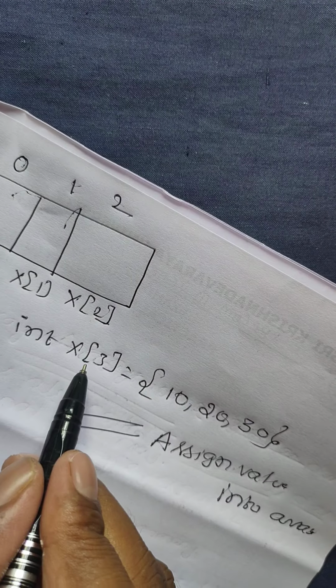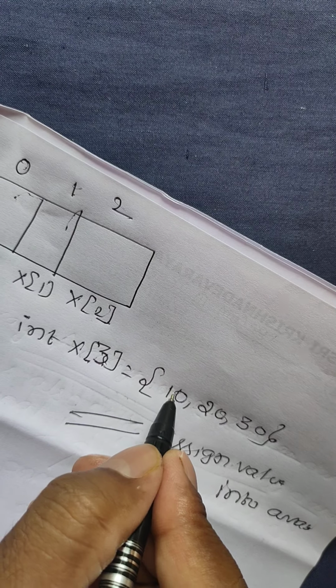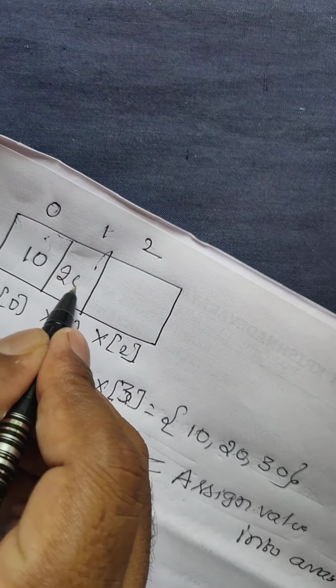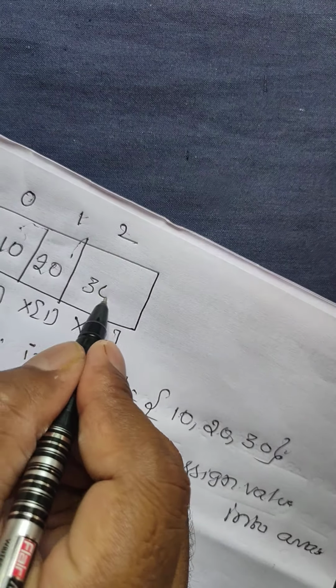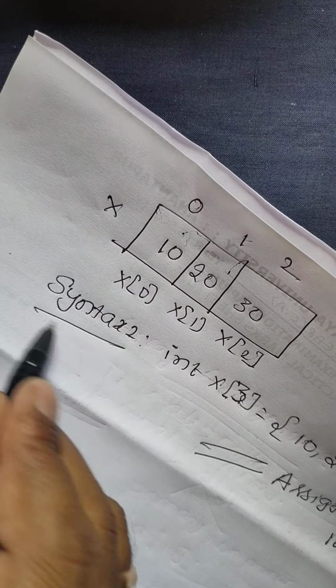So what does it mean? x of 3 means automatically indicating x of 3. So automatically 10 will be stored here, then 20 will be stored here, then 30 will be stored here. So this is the second syntax for how to declare that.